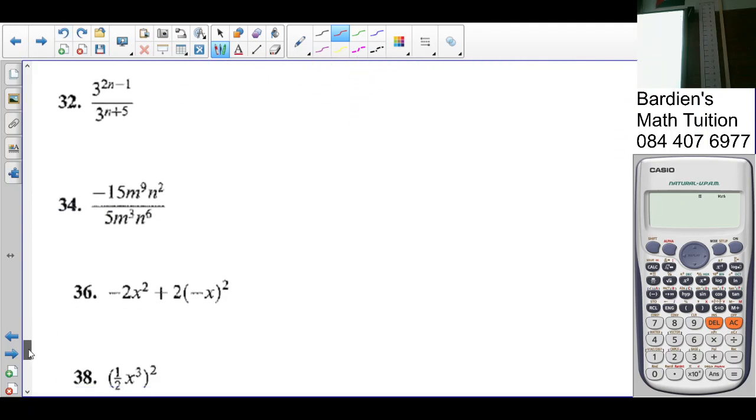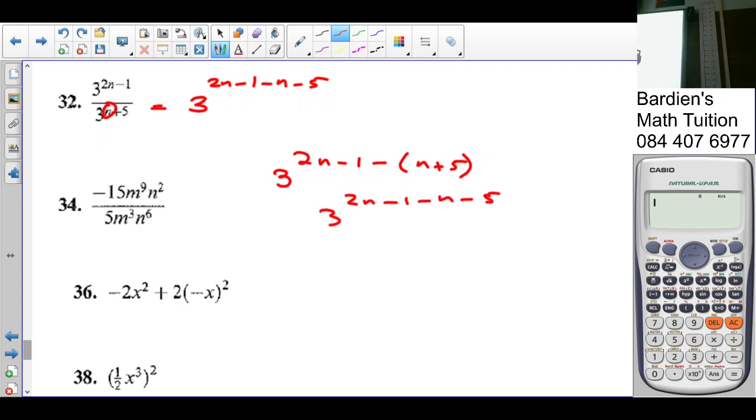The 3^2, when we're dividing, bases are the same. What do you do to the powers? We subtract. It's going to be 3 to the (2n minus 1) minus (n minus 5). You all agree with that? If you don't see it like that, you say 3 to the 2n minus 1 minus the denominator's exponent, which is now 3 to the (2n minus 1) minus (n minus 5).